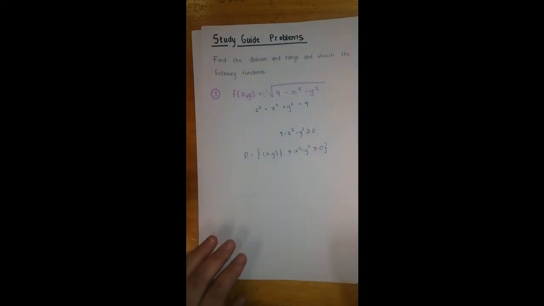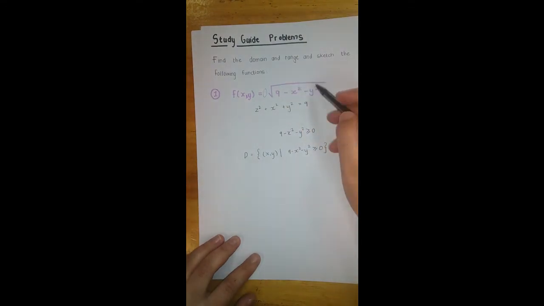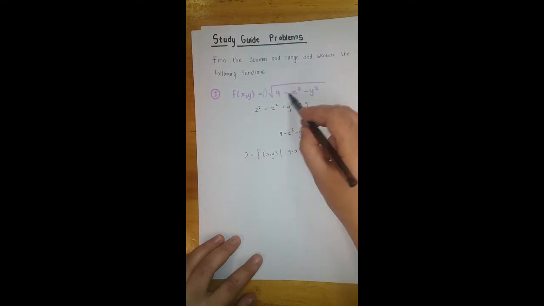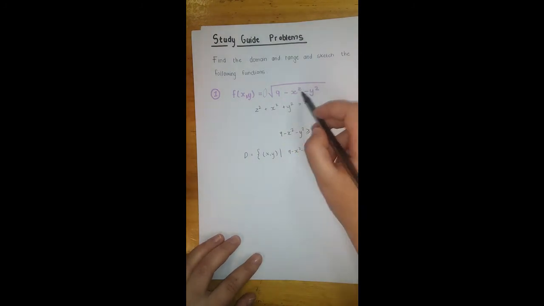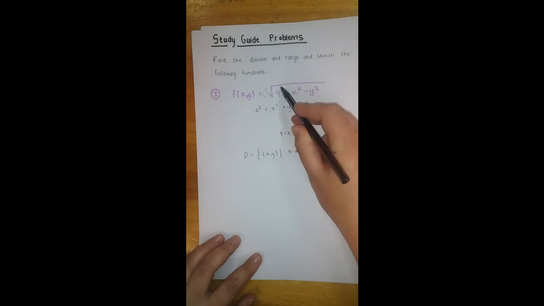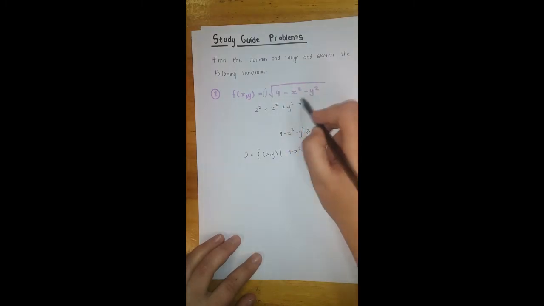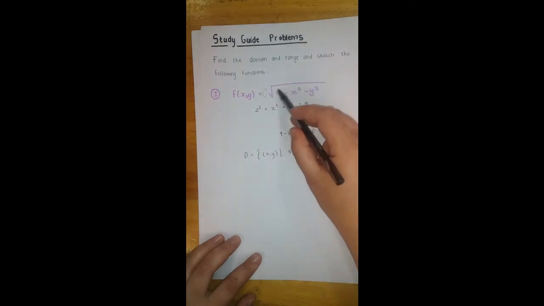Right. Okay. So for the range, we have to analyze our function. We see that we have a 9 here, and that 9 will always be minused by a positive value. So if x and y are equal to 0, then we know that we have the square root of 9. But if x and y are anything other than 0, we know that we have everything less than 9.